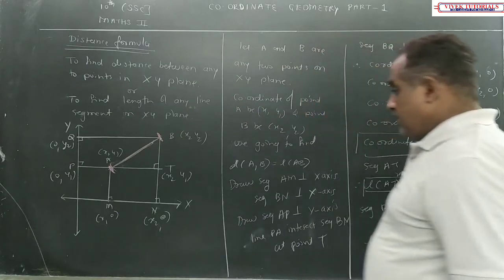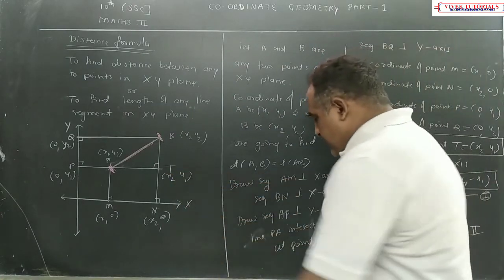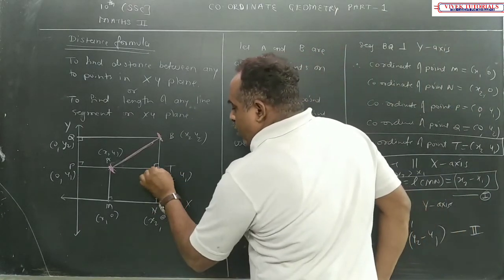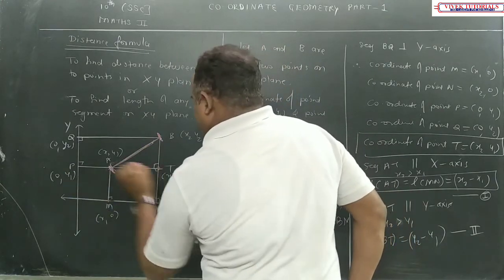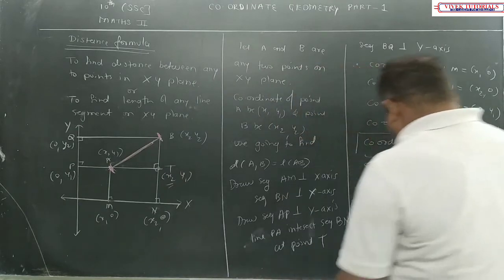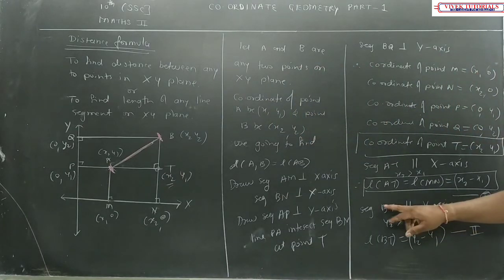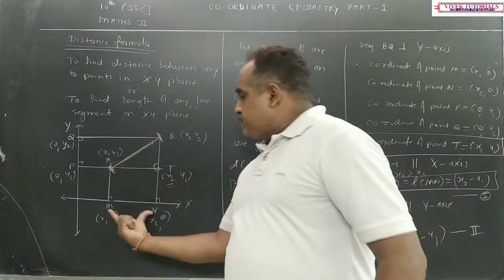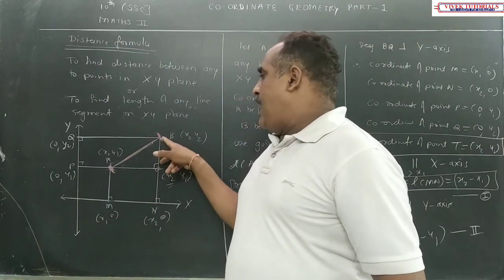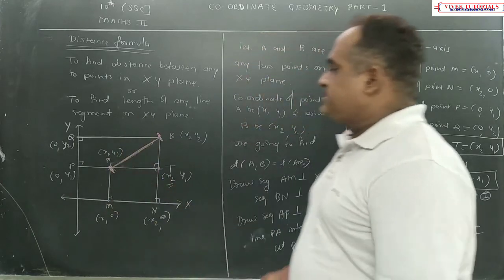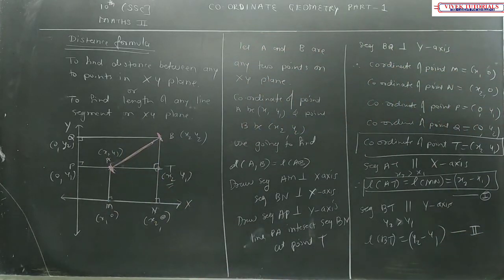Then this point T is more important. What will be the coordinate of T? The x counts like this, this is x2, and the y counts like this, y1. Is it right? So what is the value of AT? AT is parallel to the x-axis, so this will become x2 minus x1, and BT is y2 minus y1. Have you understood now? Properly? Got it? So that's it. Okay.